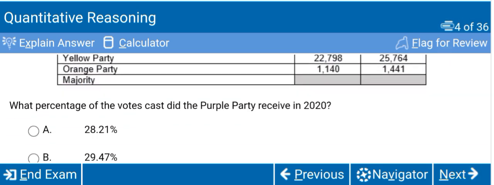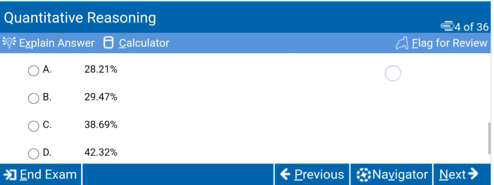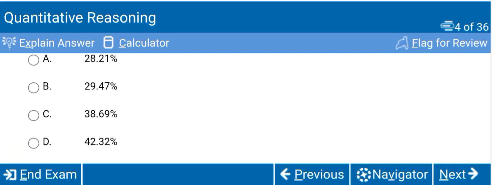The next question is: what percentage of the votes cast did the Purple Party receive in 2020? Option A, 28.21%. Option B, 29.47%.